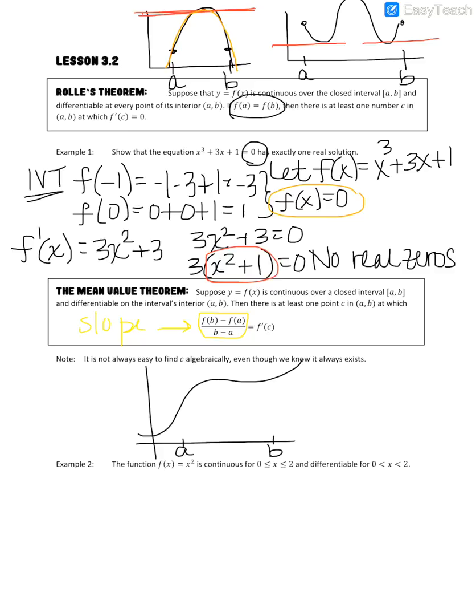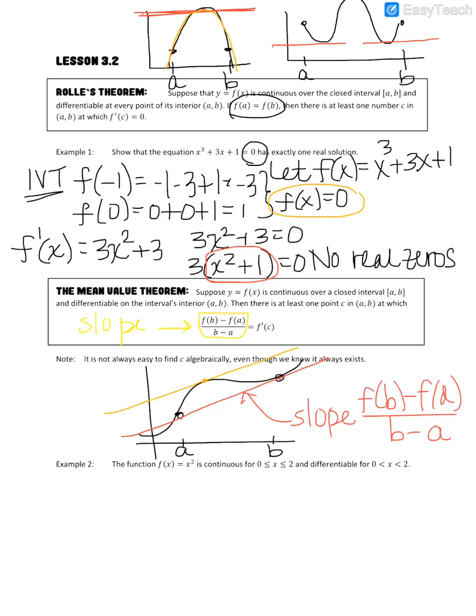Here's A, here's B. What the mean value theorem says is that if I find the slope of this line between A and B, which would be f of b minus f of a, the change in the y's over the change in the x, then there is a point on this graph that has the same tangent slope.